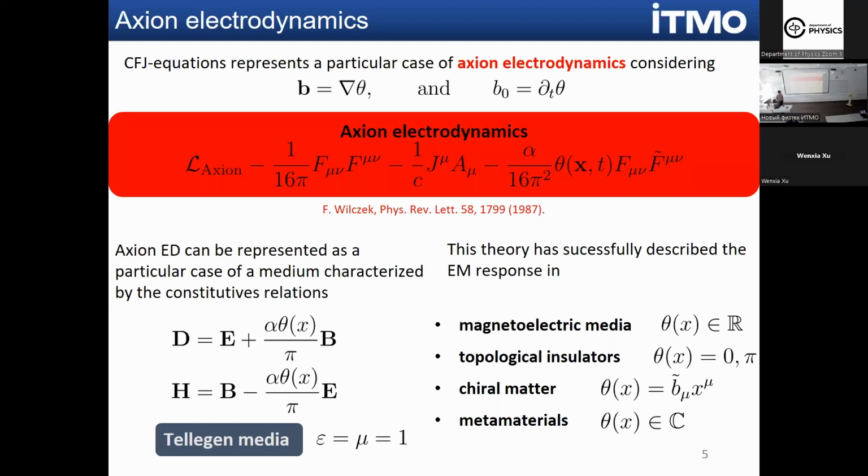Not only tellegen media, this theory also describes the electromagnetic response in topological insulators, which is when the axion field is quantized; magnetic media, when the axion field is non-quantized or is a constant; and chiral matter, our case. And recently in metamaterials, we can have emergent synthetic axion response in some artificially structured sites.